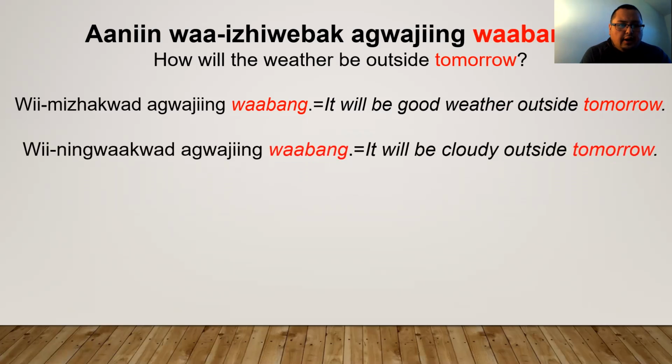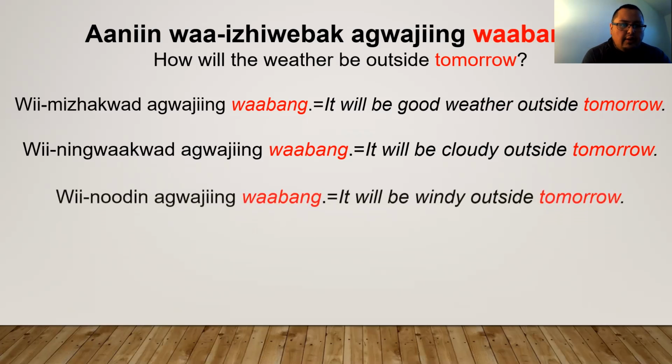Okay. Next word, we ningwakwad agwajiing wabang. It will be cloudy outside tomorrow. Again, you can put gonna budge there. Gonna budge we ningwakwad agwajiing wabang. Perhaps it will be cloudy outside tomorrow.